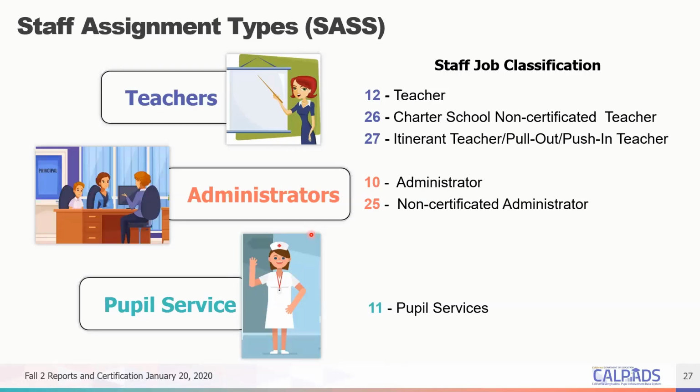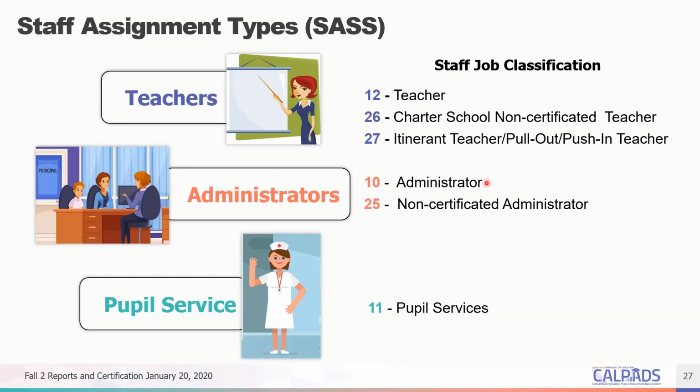Okay, so the staff assignment, we have here on the left side your teacher, admin, pupil service. These are the credentials that a staff member can attain, right? If they're a teacher, then of course they need to have a teacher credential, an admin, and then pupil service. And then at the same time, you have a staff job classification.